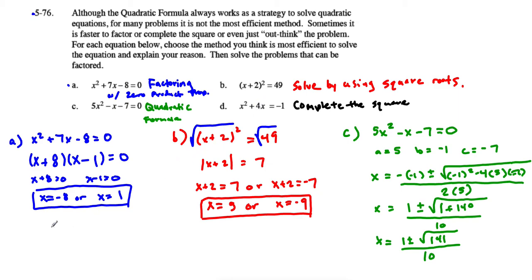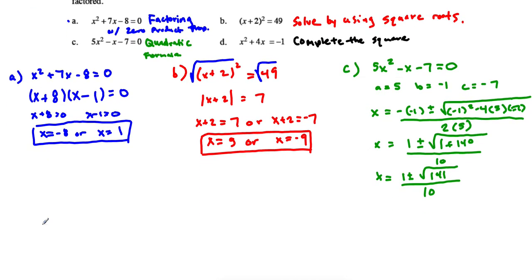That should make it easier. Let's go ahead and do this one, completing the square, so everybody remembers what it is. x squared plus 4x plus blank equals -1 plus blank.